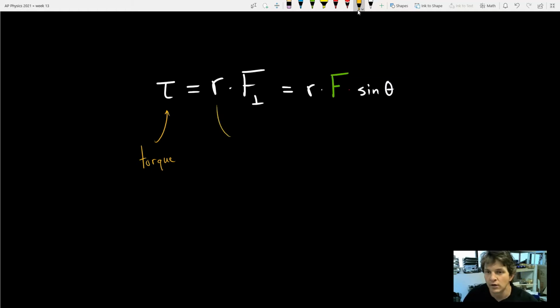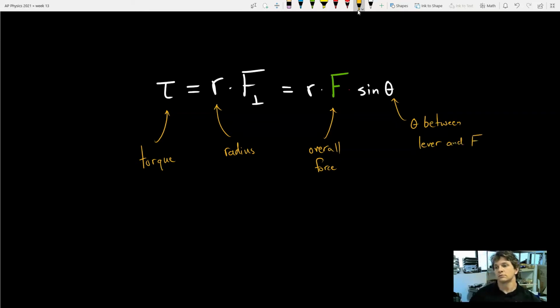This right here is the radius. The force is the overall force. And theta is the angle between the lever and the force. So that's how we break this down.